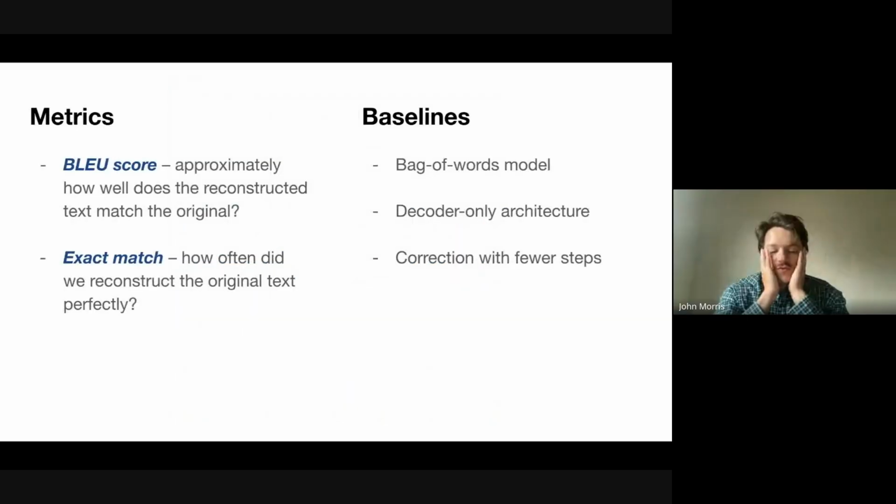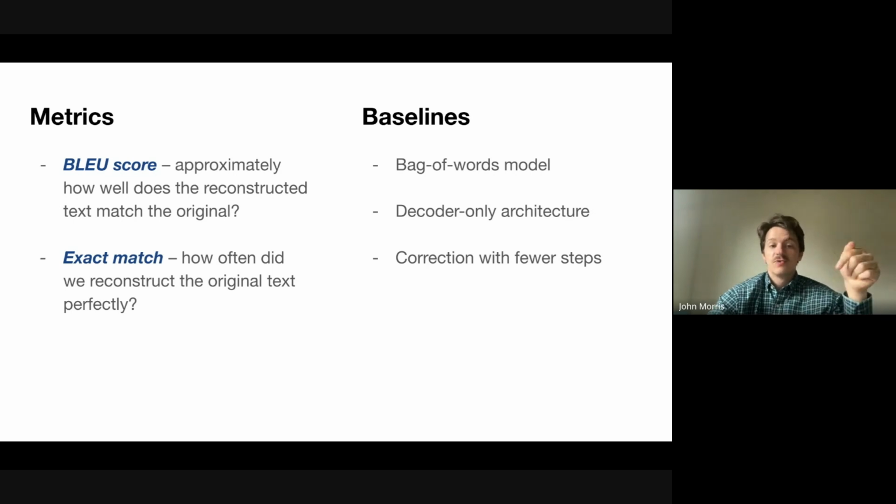Okay, so the way that we evaluate this is by computing scores for how close the output is to the original text. One way to do this that people do in machine translation is using the BLEU score. If you're not familiar, you can think of it as a 0 to 100 score of how close two strings are. In translation, if you get 30 or so, I think that's a pretty good translation model because there's a lot of ambiguity and it's a hard problem.